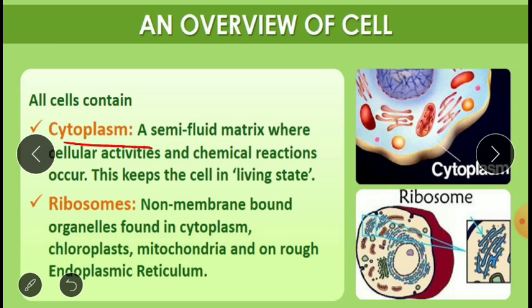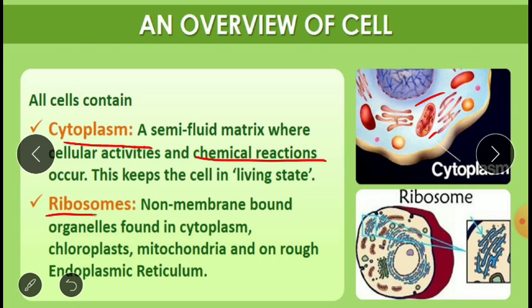Cytoplasm is a semi-fluid matrix where cellular activities and chemical reactions occur. This keeps the cell in a living state. Here in the cell, the liquid form you are observing, the blue colored thing, is the cytoplasm. All the chemical reactions take place in this cytoplasm.